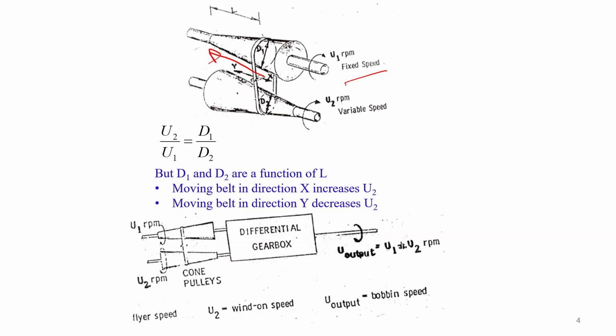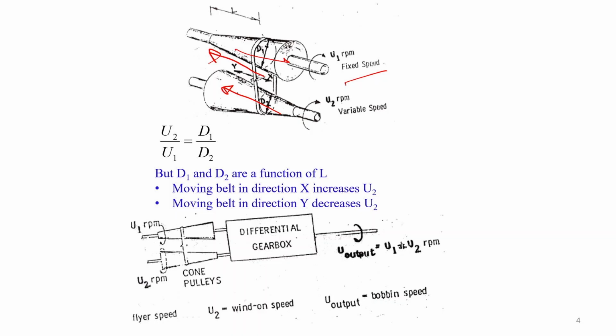So, moving the belt in direction x will increase the speed of U2. If it moves in the y direction, that means the speed will decrease.